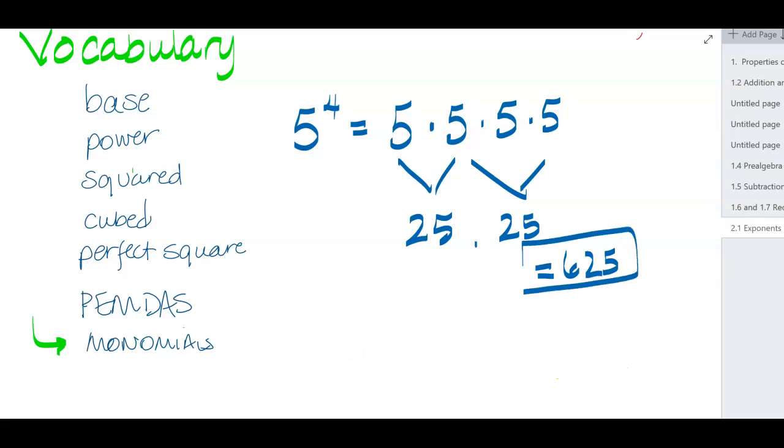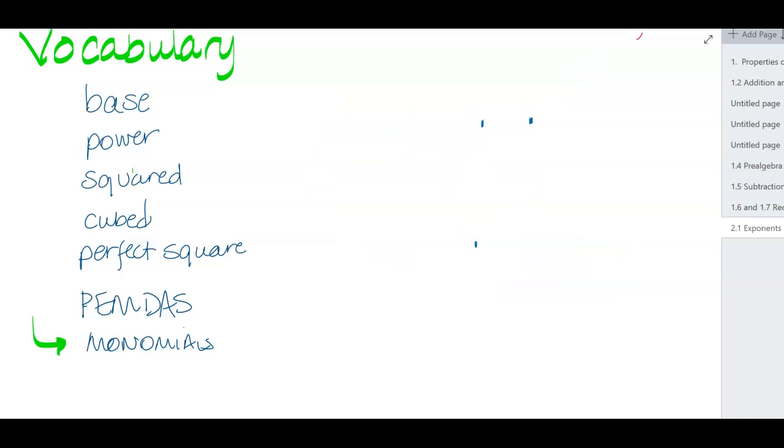So if you're asked to evaluate it or to write it as a monomial and you're given a base to a power, this is how your response is. And again, I highly suggest that you write out your terms for the next week. Suppose they give you a variable like a times a times a.